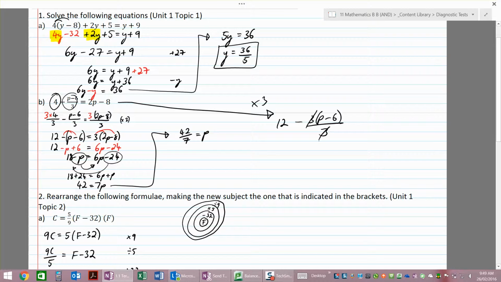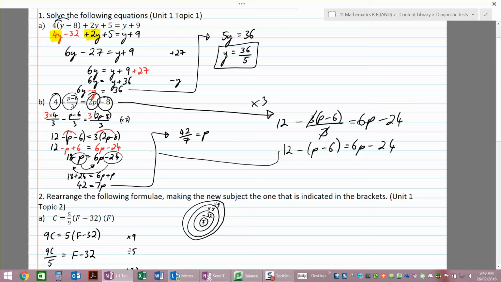Get rid of that fraction on the bottom, and then 2p times 3, 6p, minus 8 times 3 is minus 24. So if you were choosing the multiply by a constant option, you'd have to do it this way, which gets you to this stage, and you can solve as per usual.